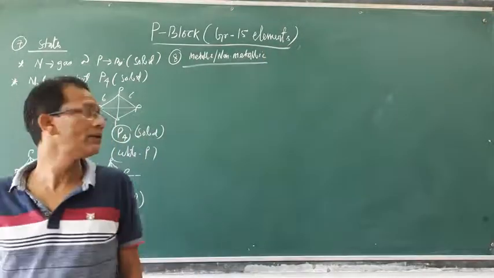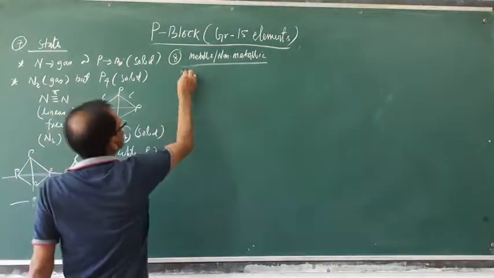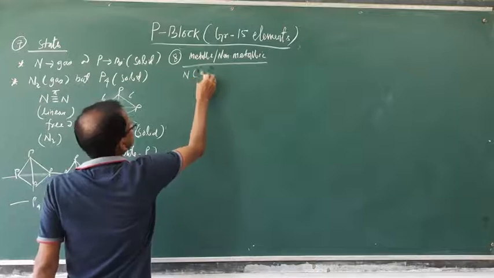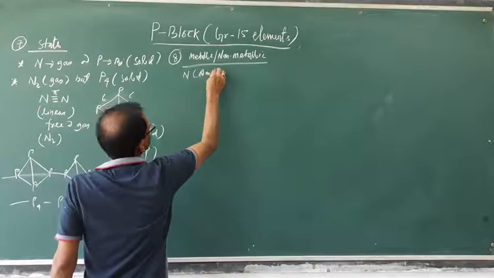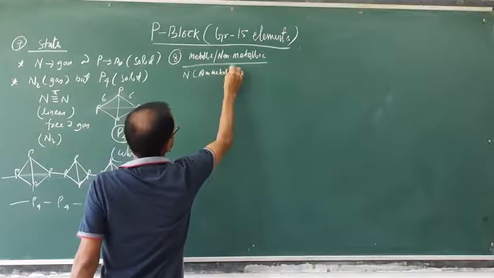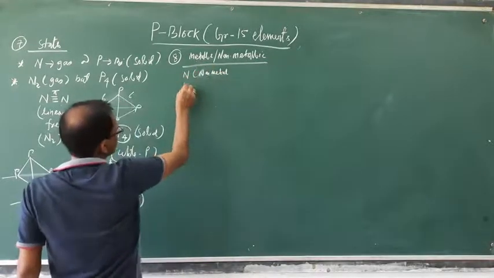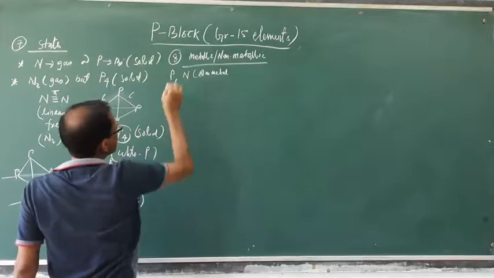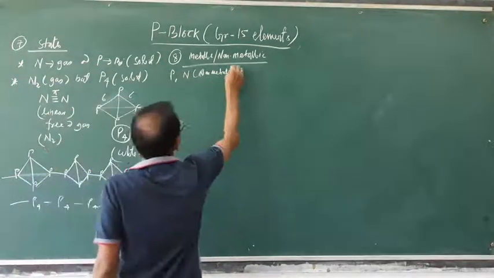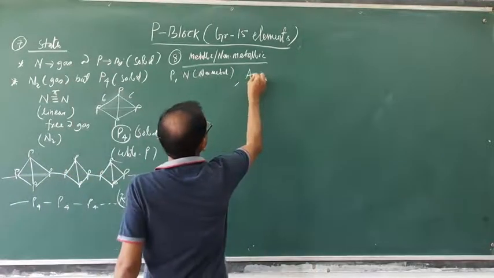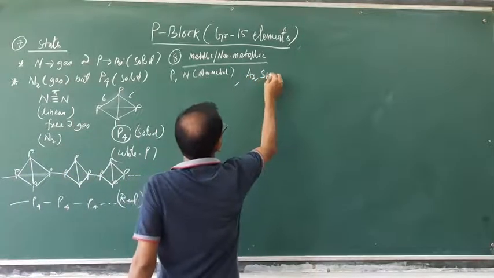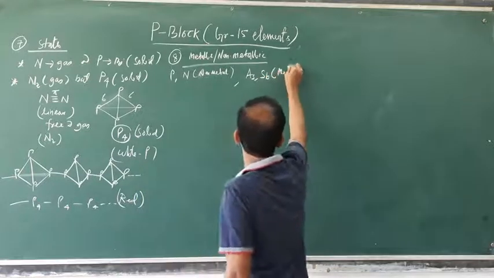Metallic and non-metallic character: if you compare, nitrogen is a gas and a non-metal. Nitrogen and phosphorus, both are non-metals. But arsenic and antimony are metalloids.